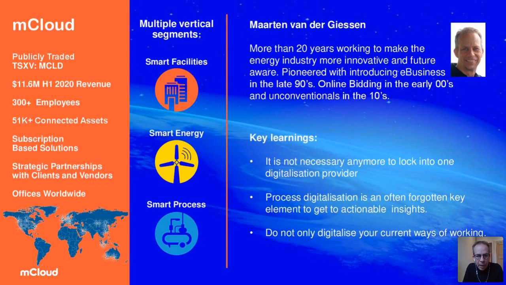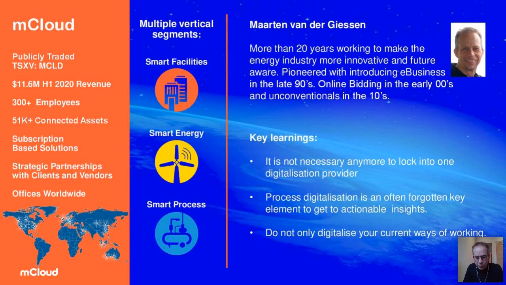One of the things is that in the old days, you needed to have one provider who did everything because it was very difficult to get to all the data. What you nowadays see is that an integration layer is very easy to connect to all kind of data systems.